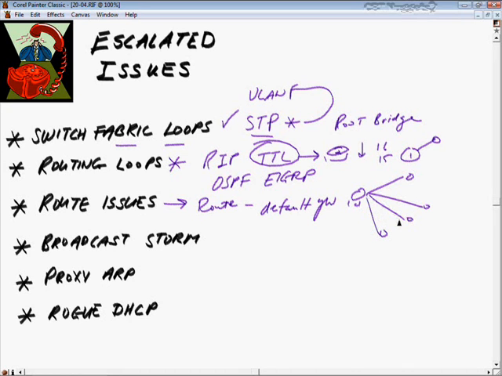Broadcast storms can be caused by certain types of layer 2 attacks on switches. Proxy ARP should be disabled in your network. It can also cause problems. And especially in a wireless environment, the introduction of rogue DHCPs, or bringing in a DHCP server, either on a laptop that connects to the network, the Ethernet, or a wireless rogue DHCP server.